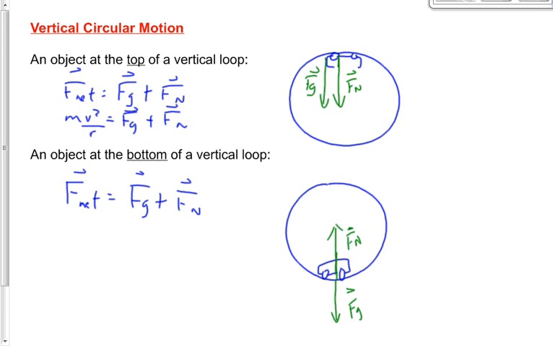So it's still MA, but it's a very specific A, centripetal A. Same deal down here at the bottom. mv squared over r equals Fg plus Fn. This is no different than an elevator problem that you did in the last unit, or a pulley problem that you did in the last unit, except that we're tacking in a v squared over r in for A.